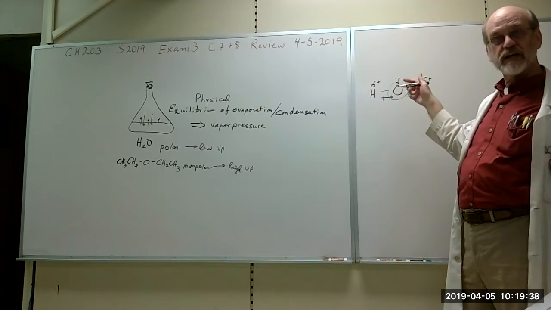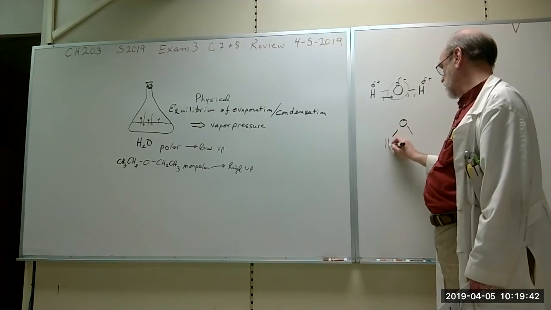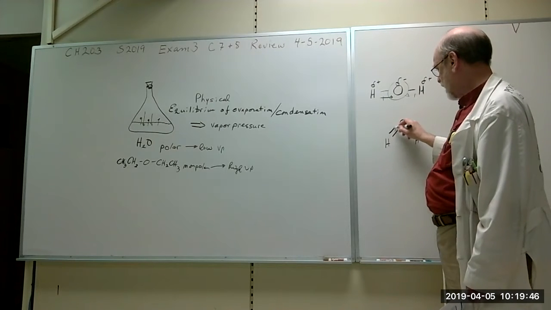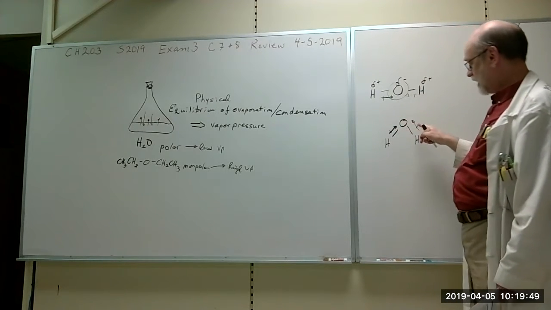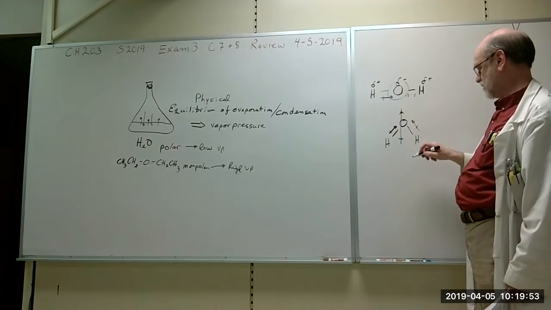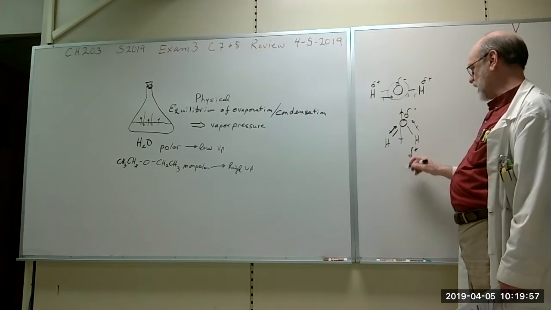But water's not shaped like that. Water is shaped like this. So we have the dipole for each bond, and then when you add them together, you get an overall dipole like that. So we have negative on that side, positive on this side.